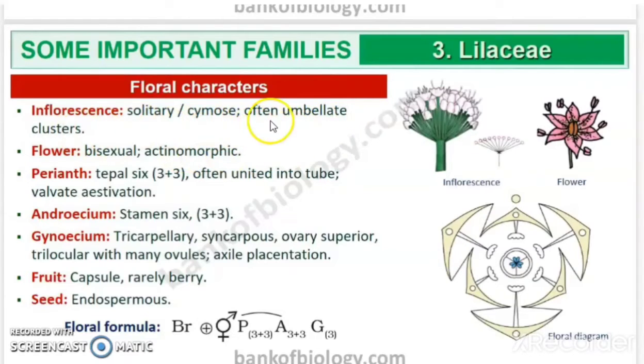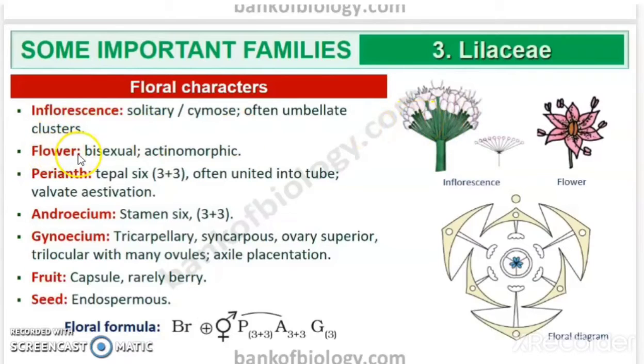Umbellate clusters are those where many flowers arise from one point. Older flowers will be seen in the lowermost, outermost portion, and in the inner part there will be newer flowers. So this is how an umbellate cluster will be.